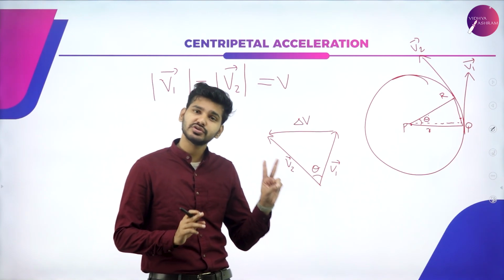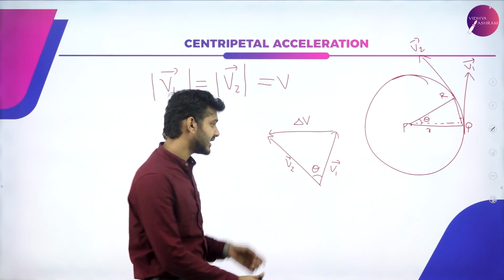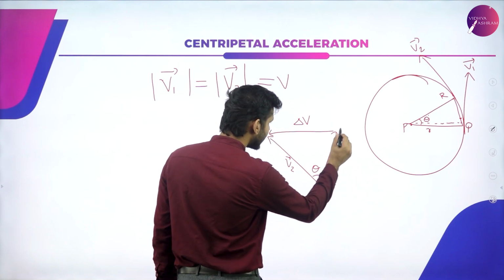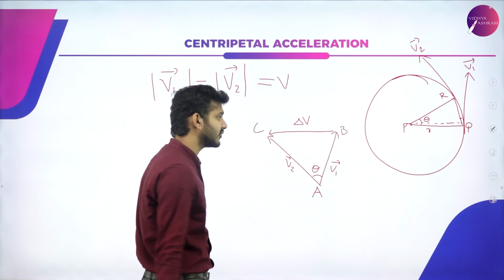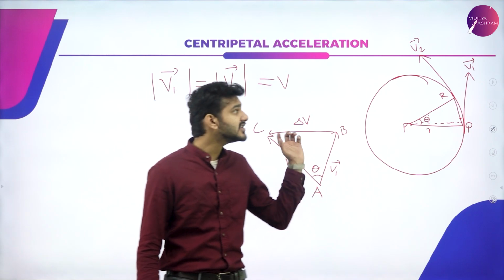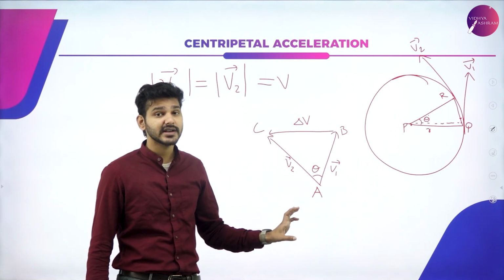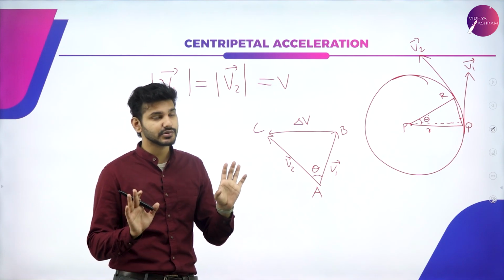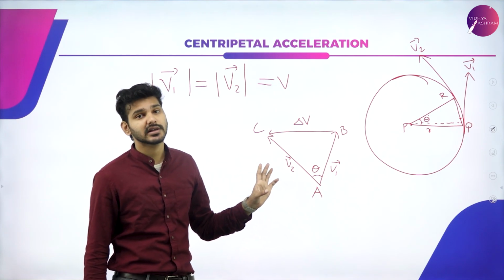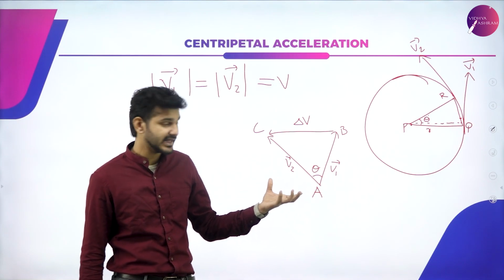Now we have two triangles, let's name this one ABC. So we have two triangles, triangle ABC and triangle PQR. Why I did this will make sense very soon. So what is special about these triangles? These triangles are similar.